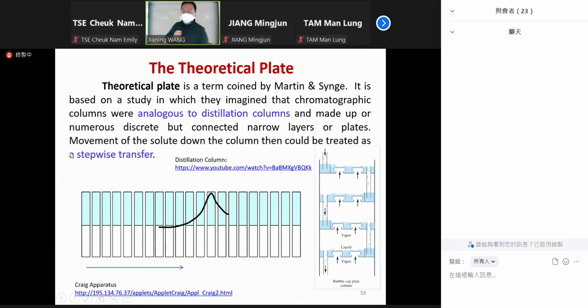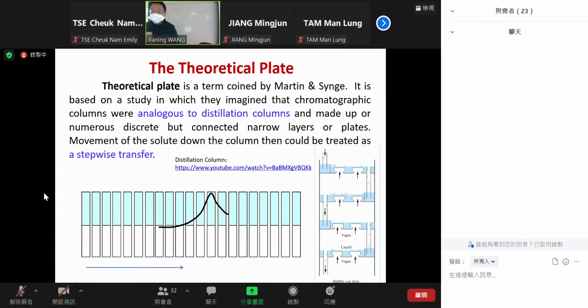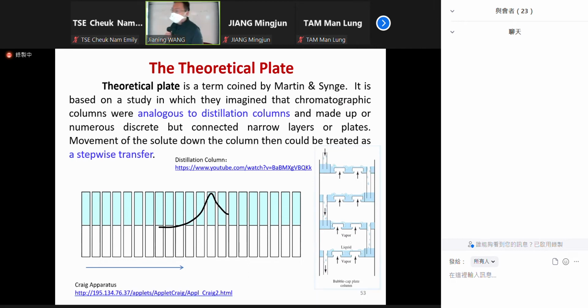Now we would like to have quite sharp peaks. So we need some theory to describe the band broadening. We want to know which factors contribute to the band broadening and how we control it. So we need a theory.